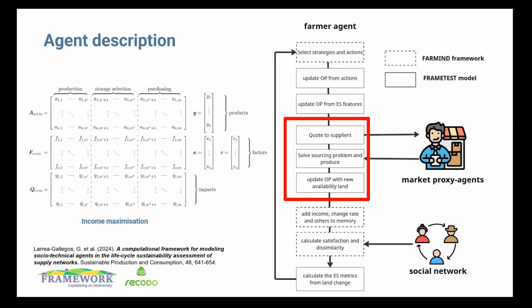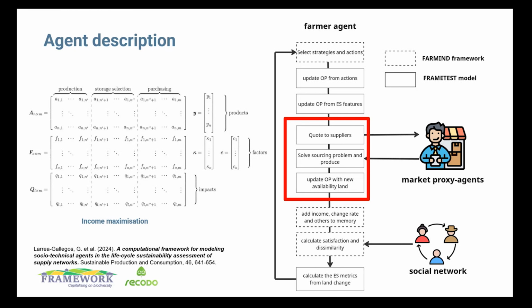We use this framework to calculate life cycle impacts, but we modified it to also include some natural capital as part of the decision process. What we do here is income maximization: we assume that the farmer, once the decision space has been set, wants to maximize income. Once this is done, the production combination is set, and the farmer produces.